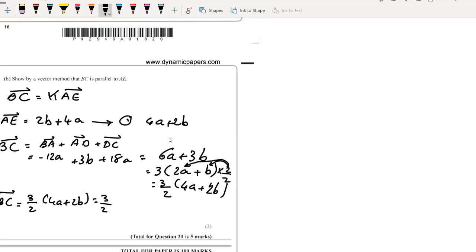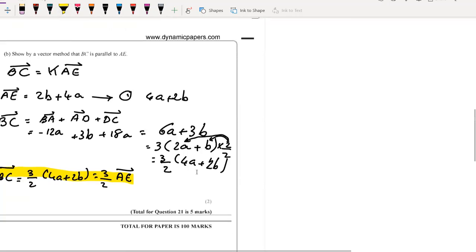So BC vector is equal to 3 over 2 AE vector. Now I have that BC is equal to a constant multiplied by AE. The constant is 1.5, 3 over 2. So this means that BC and AE are parallel.